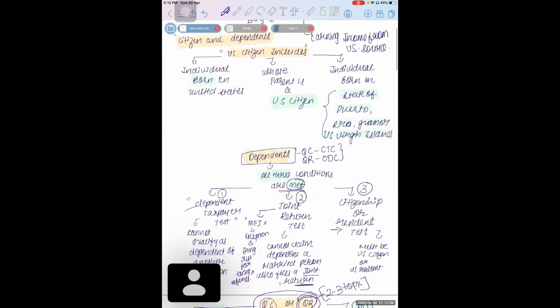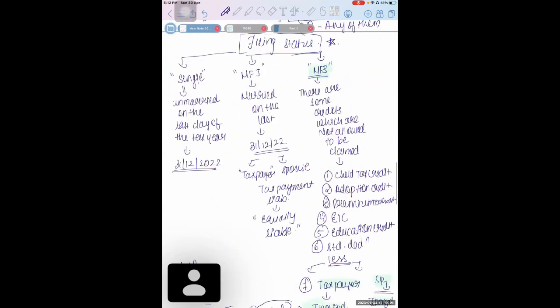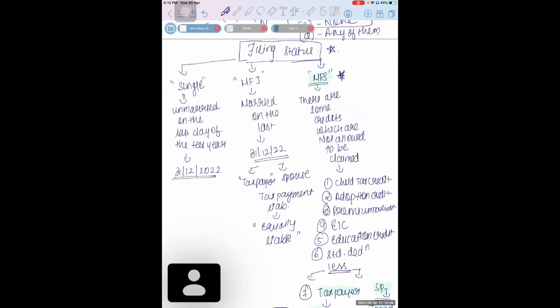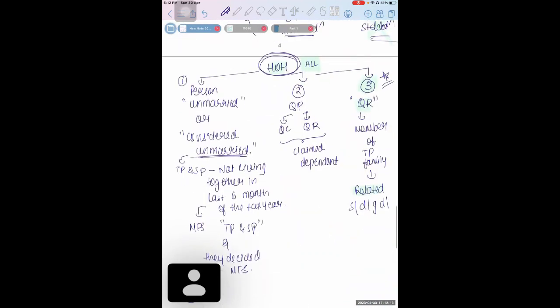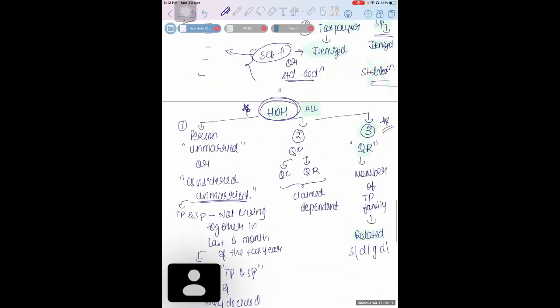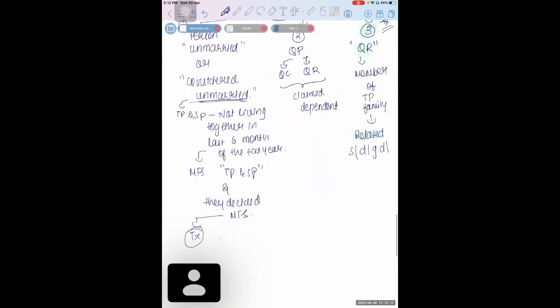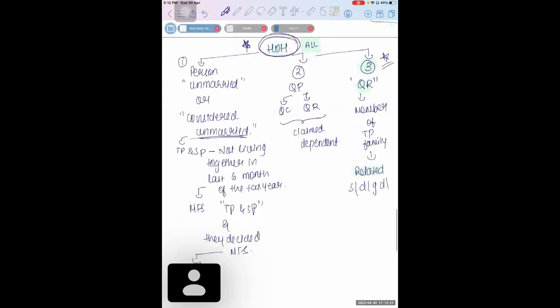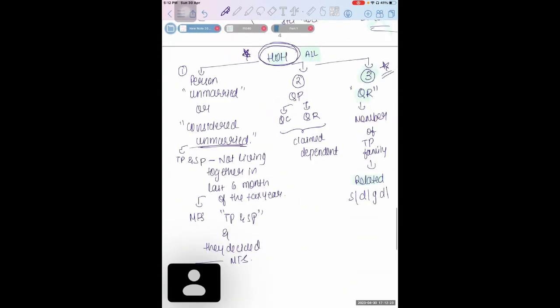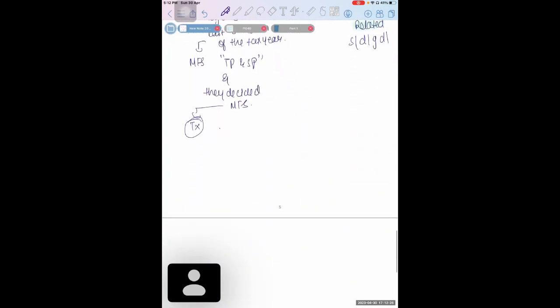Apart from that, right now in filing status, QSS is important and this HOH is important. Apart from this, nothing is important. But you don't have to skip the others in the exam. I'm just saying focus on these things more when you study by yourself.